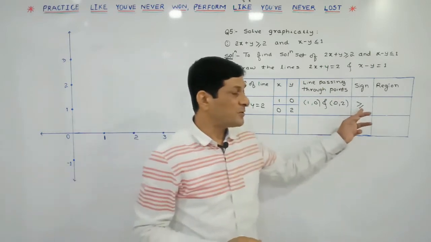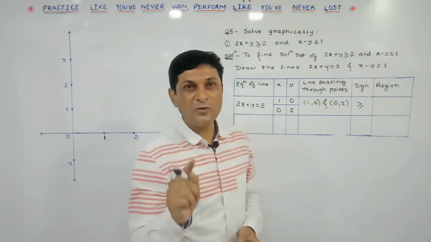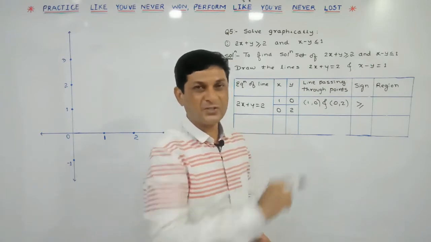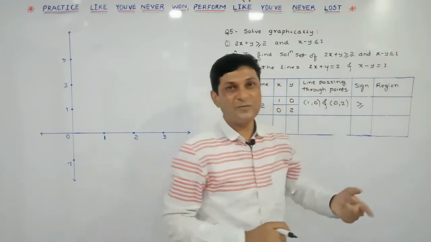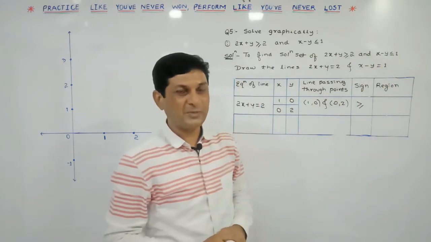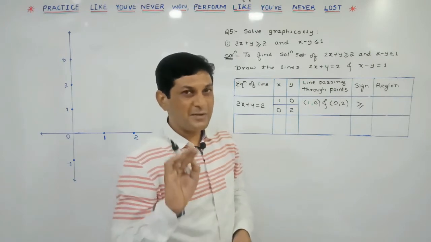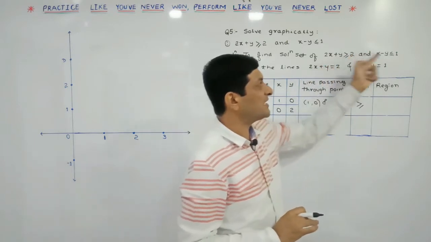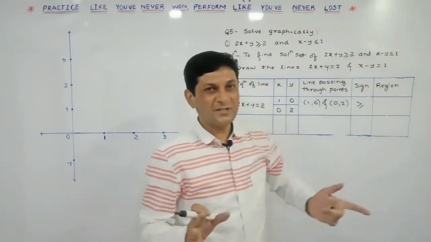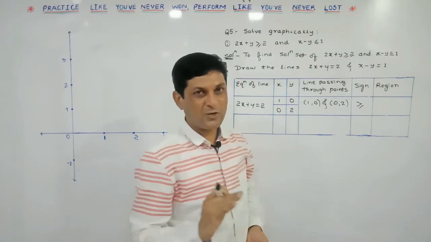If greater than or equal to appears in the equation, we can say that the non-origin side part will be our solution set, and if less than or equal to appears, we can say that the origin side part will be the solution set. Simply remember it in this way, but the important condition is that the number on this side should be positive. Generally in our examples the numbers on the right hand side are always positive.